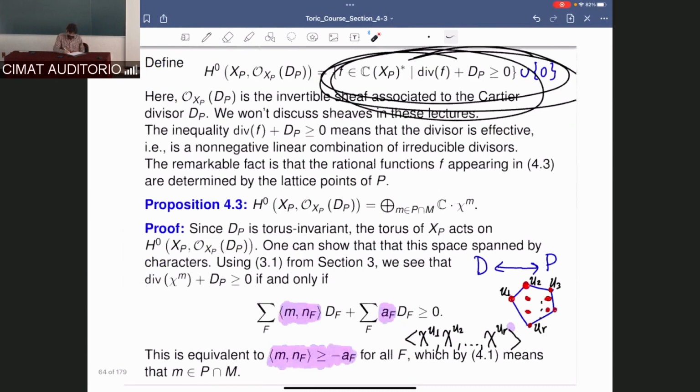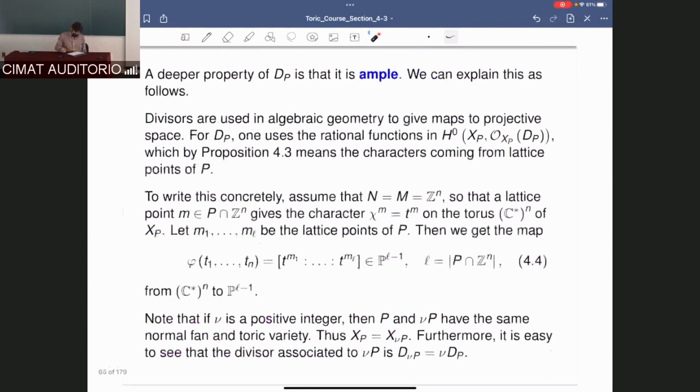Each of these points gives you a function chi to the u on the variety. Just use those as the coordinates to map to projective space. And it works, and if it came from a polytope, it will be nice, as we will see in a second. So this is our situation. We use divisors to get maps to projective space.